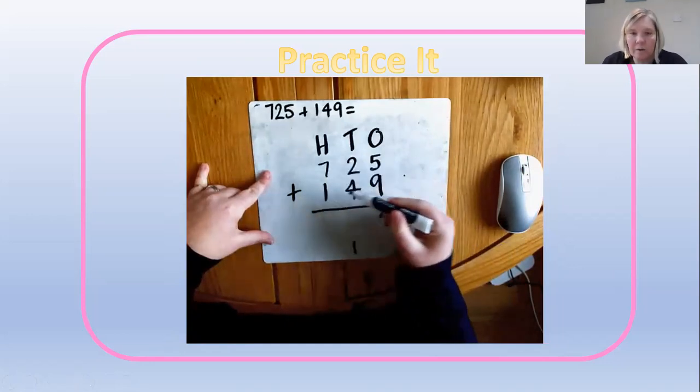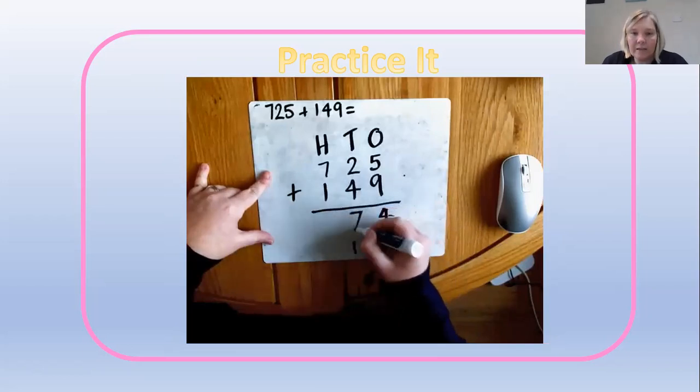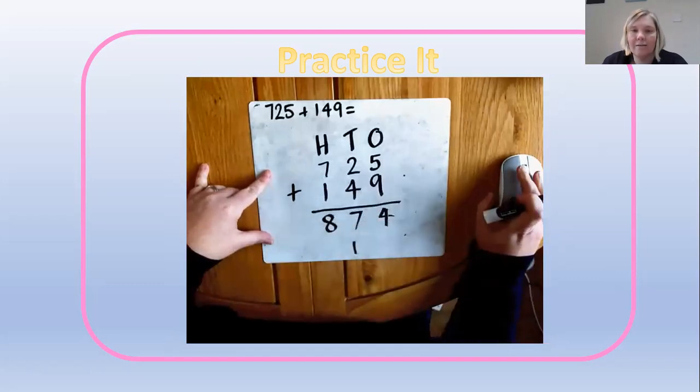I've exchanged my 10. I've got my 10 to add on, so that's 7 in total. And I've got my 700 plus 100, which is 800. So I've got 874. So hopefully you had something very similar to my examples.